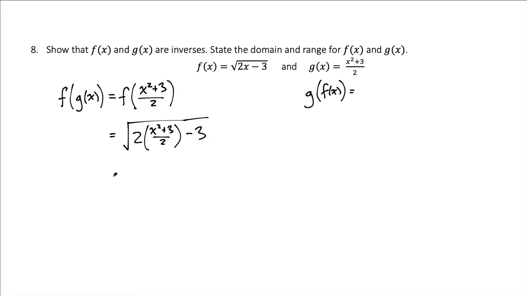And now we can simplify this. The 2's cancel there, and we have the square root of x squared plus 3, and then minus 3. And then we can cancel the plus 3 and the minus 3, and we've got just the square root of x squared.